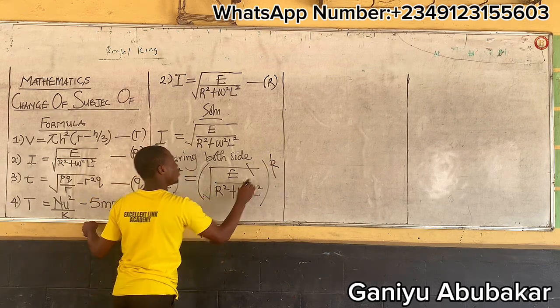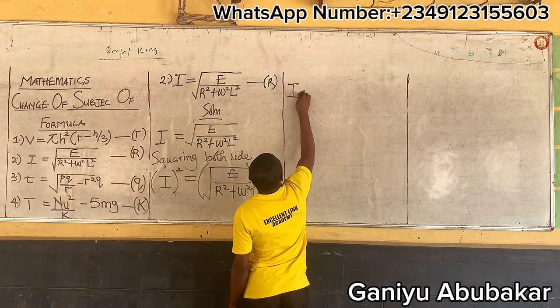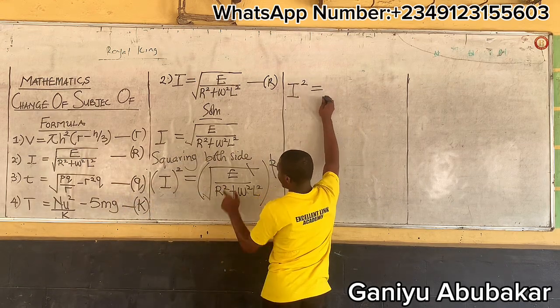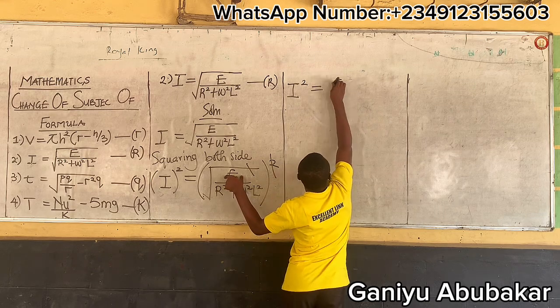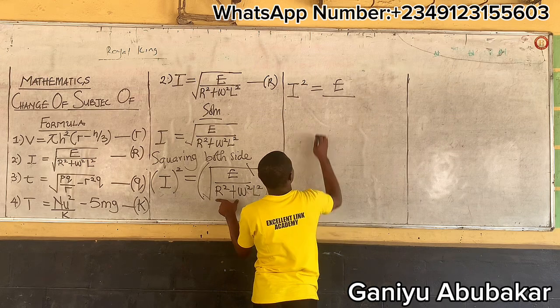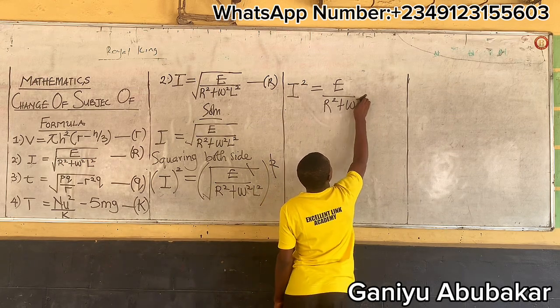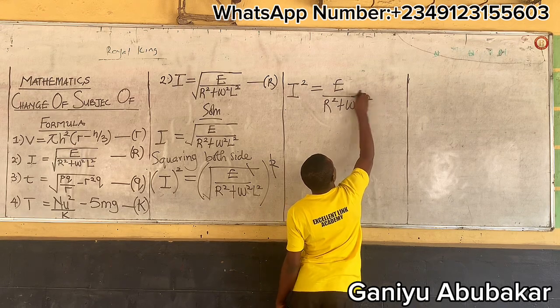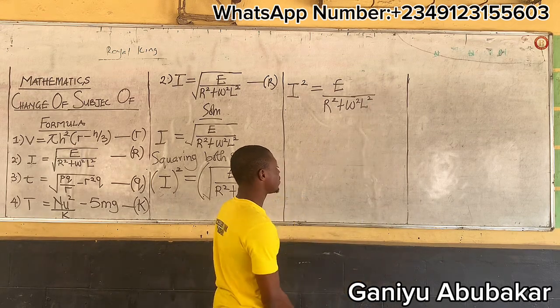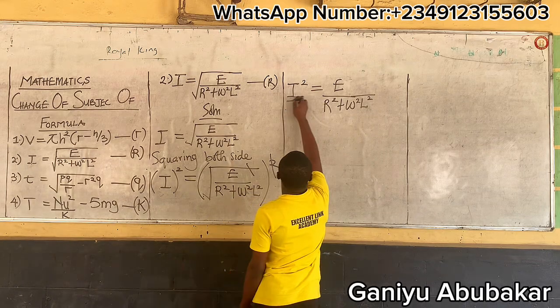Square cancels out square root. I squared will give I squared is equal to just E now, all over R squared plus W squared L squared. Mind you, I want to make R stand alone. It's as easy as what? I'll multiply here over 1.